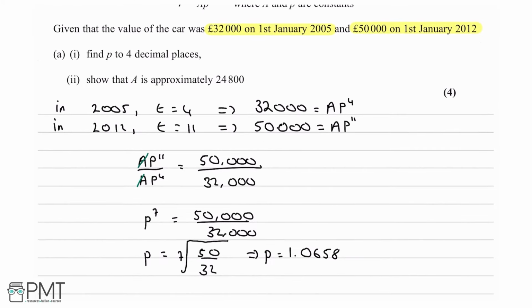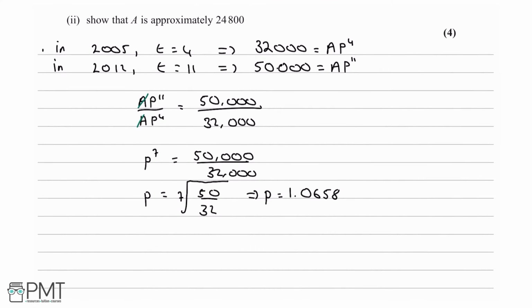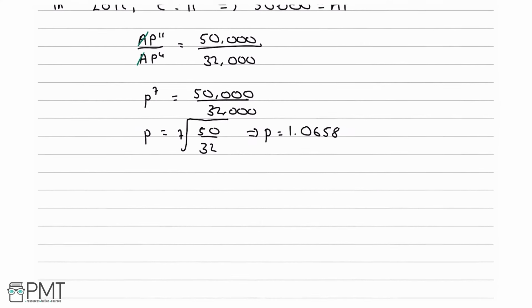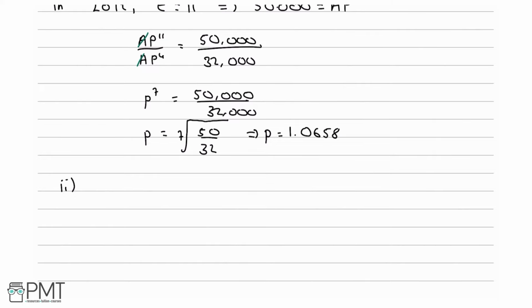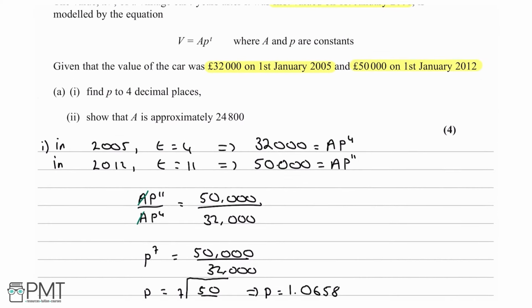Now the next step is to find our value of A, or to show that A is approximately 24,800. So let's put part II here. From above we know our equation is V equals AP to the t, so I'm just going to write that down here.